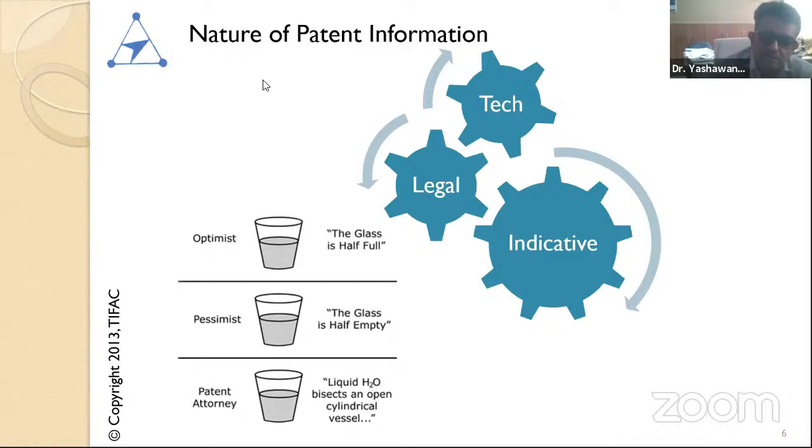Let's look at this. You are all familiar with these two examples here. To explain, optimists always would say the glass is half full. And the pessimist will say the glass is half empty.